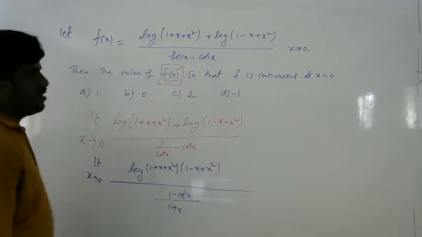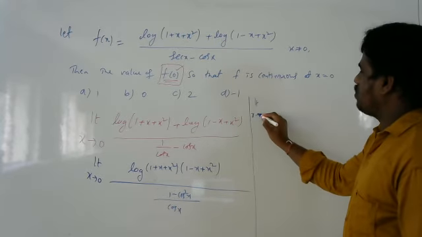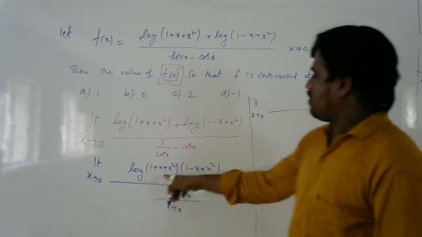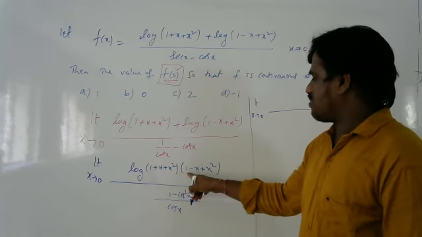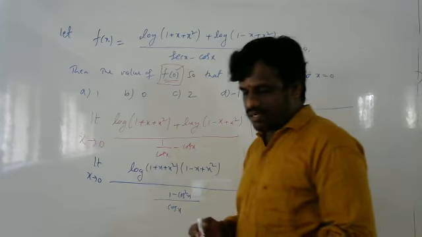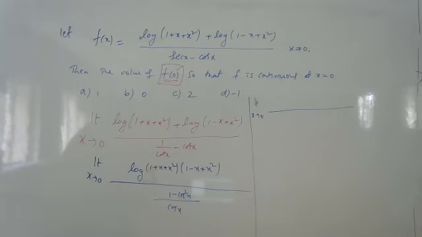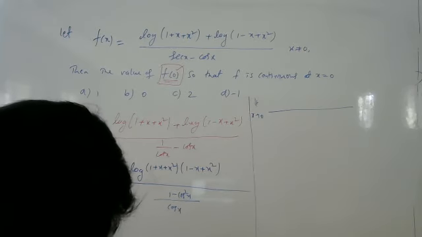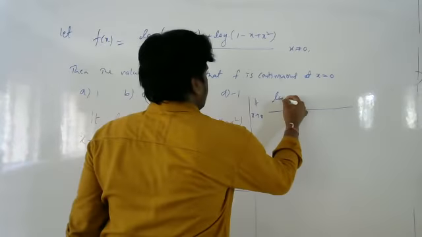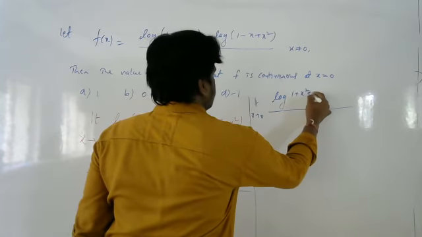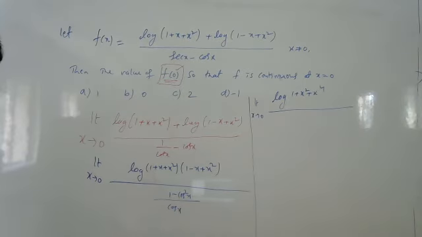Therefore limit x tending to 0, on the top, tell me, this I already told many times. 1 plus x square into 1 minus x plus x square value is how much? इसका product क्या आएगा? 1 plus x square plus x power 4. Yes, good. So I can write log 1 plus x square plus x power 4 divided by, है ना?